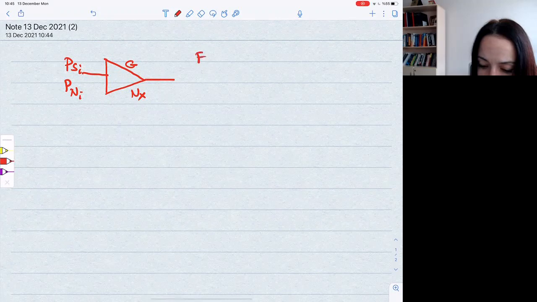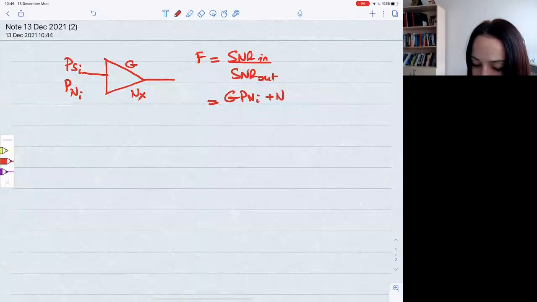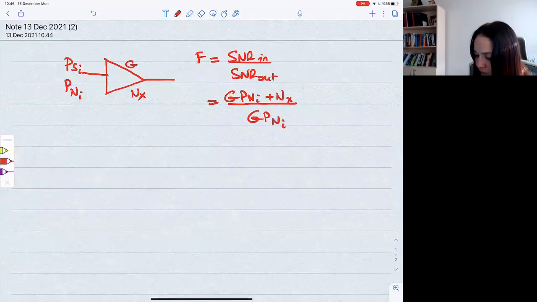So F is SNR in divided by SNR out, which is, as we computed in the slide, G Pni plus Nx divided by G Pni.